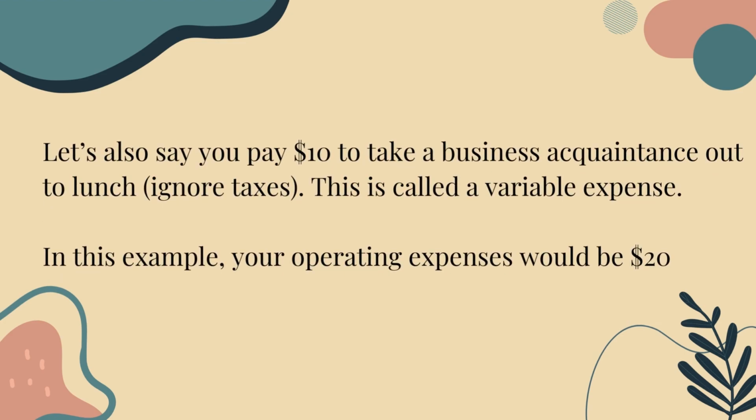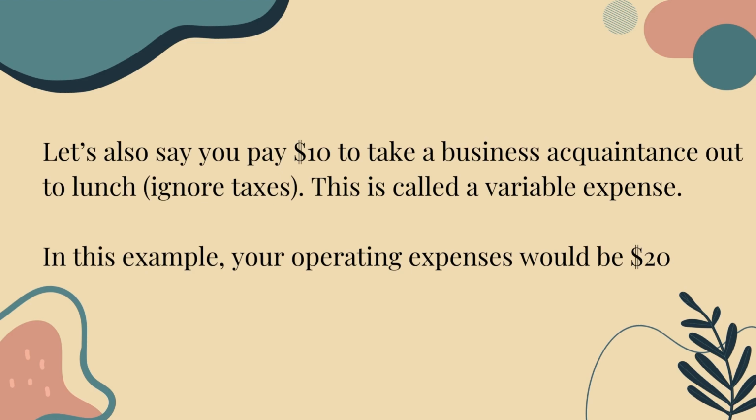Let's also say that in this current month, you took a business acquaintance out to lunch. Ignore the tax side of this. And let's say that you paid $10 for that lunch. This is an example of a variable expense. Variable expenses are anything that's going to fluctuate over time.